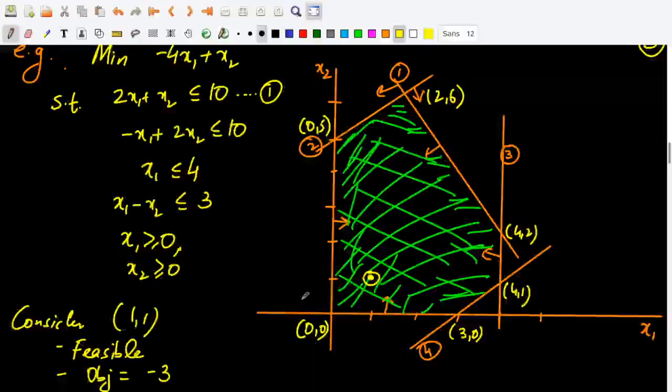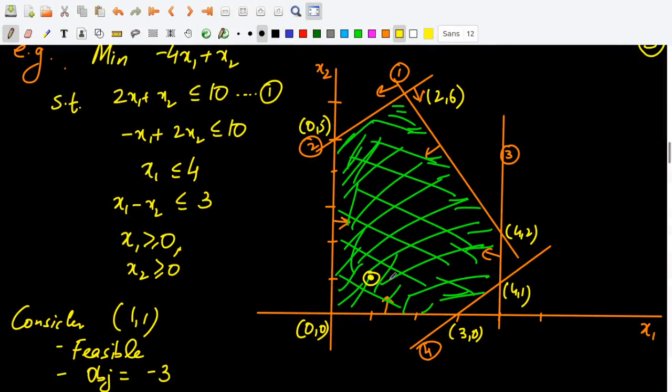If I want to find other points that have the same objective value, I can try plotting the contours of the objective function. The contours of the objective function are the lines or the areas where the objective function has the same value.